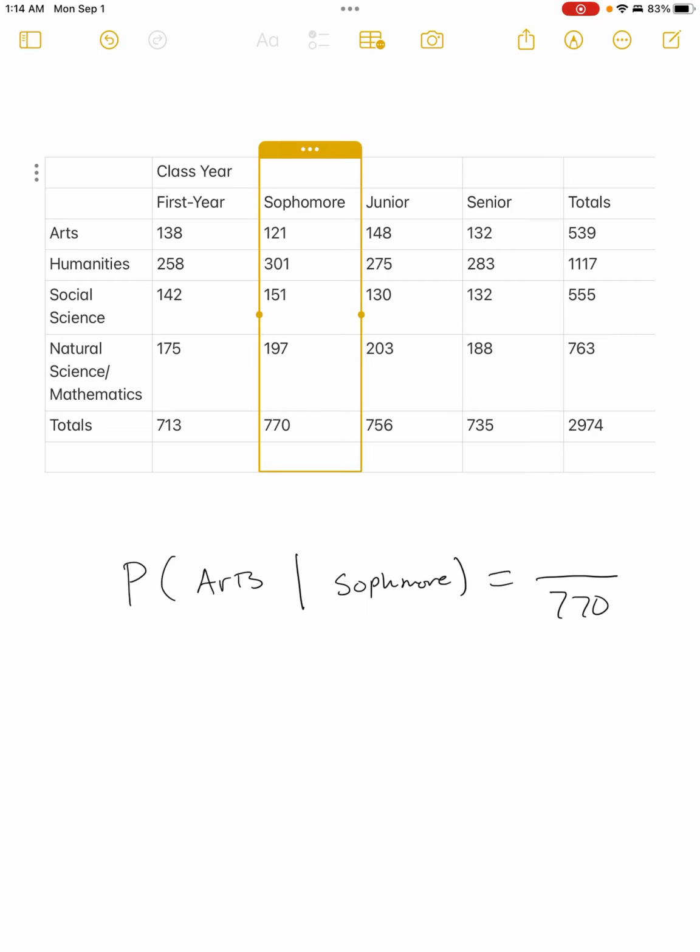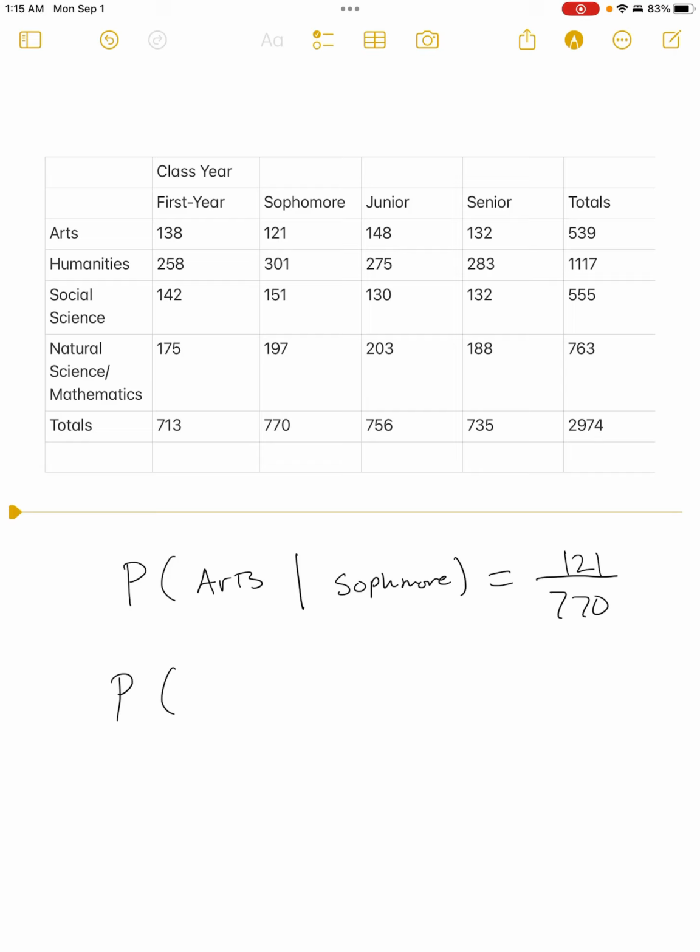What else do we know about that column? We know in that column only sophomores. We want to know how many of those sophomores majored in the arts, and we can see that in the very first row. There's 121 students that are sophomores that have majored in the arts. So that is our probability, 121 out of 770.